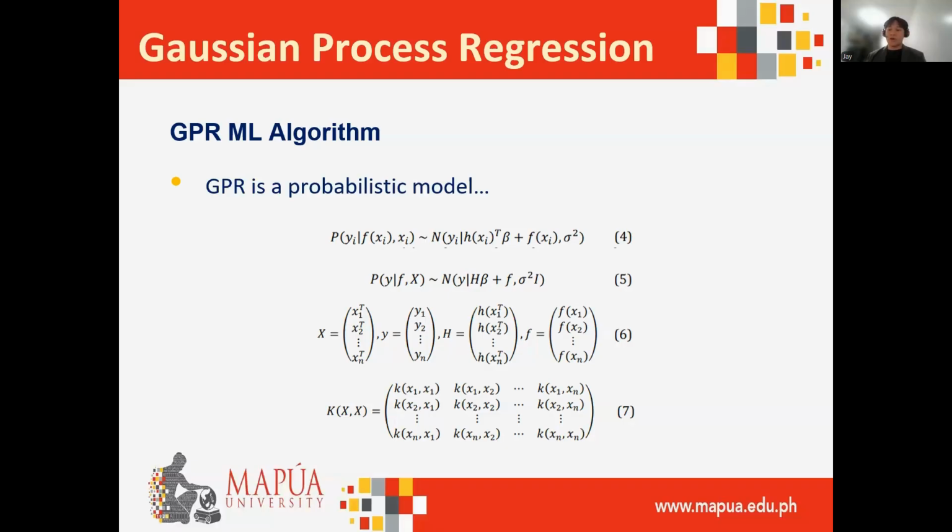And the covariance function is given by equation number 7. What the covariance or kernel function does is it transforms the prior to a higher dimension space to predict the posterior of the GPR model.